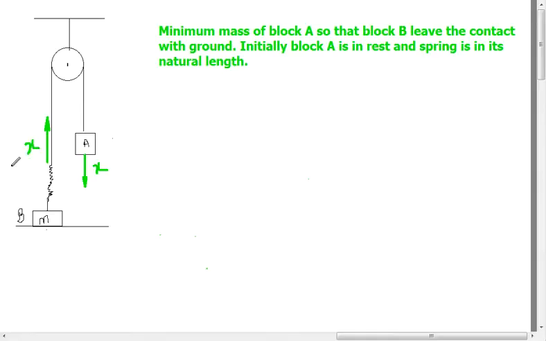Now we are going to draw the free body diagram of block A and block B. Let's draw the free body diagram.